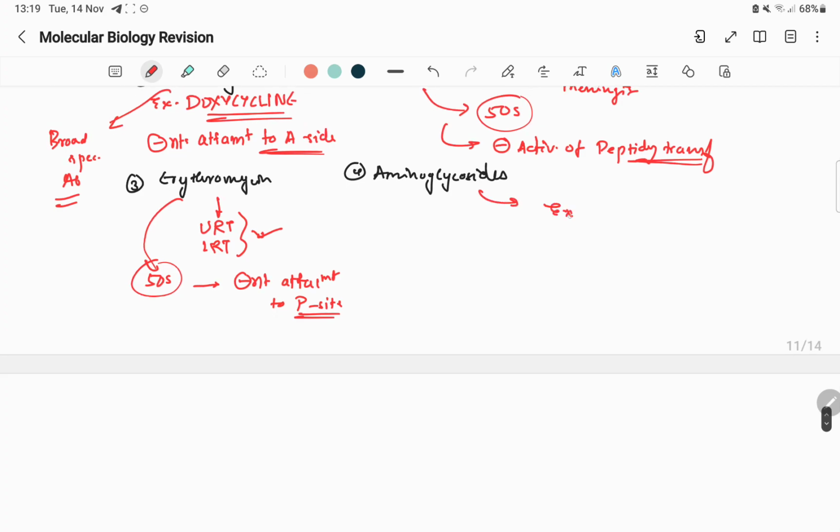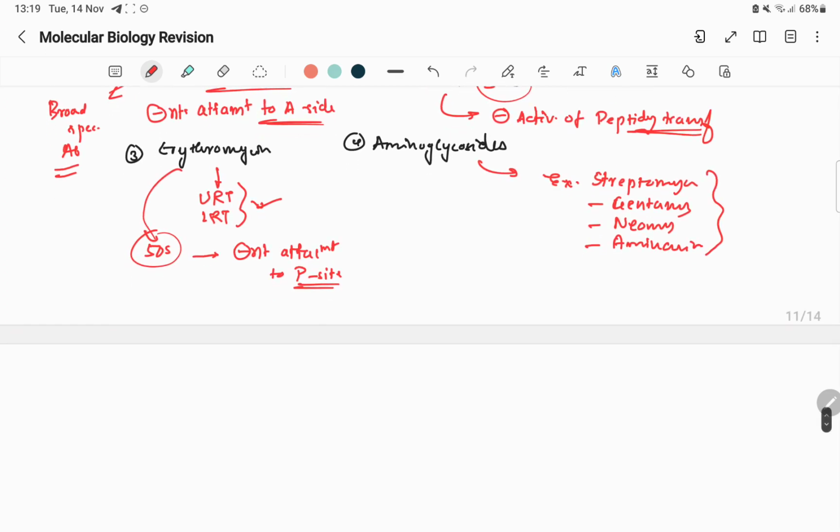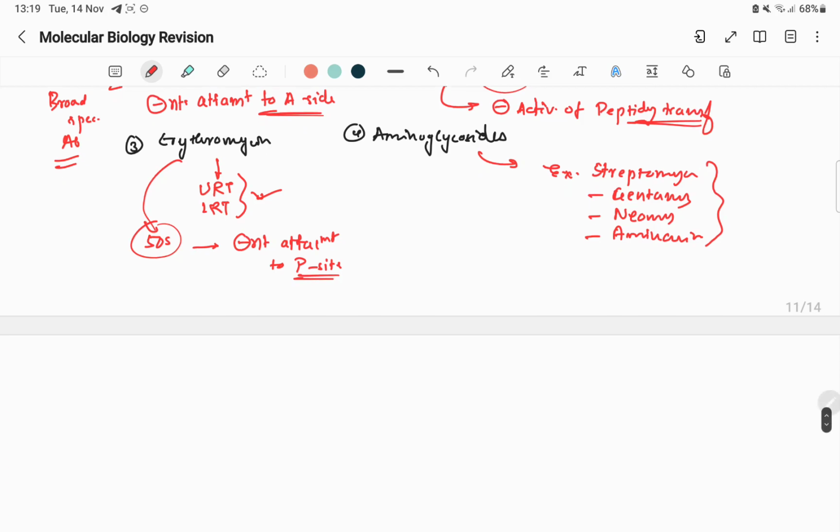Aminoglycosides, for example, you have streptomycin, gentamicin, neomycin, amikacin. These all are aminoglycosides. So these are gram negative bacterial antibiotics. Streptomycin is basically used in TB treatment, tuberculosis treatment.